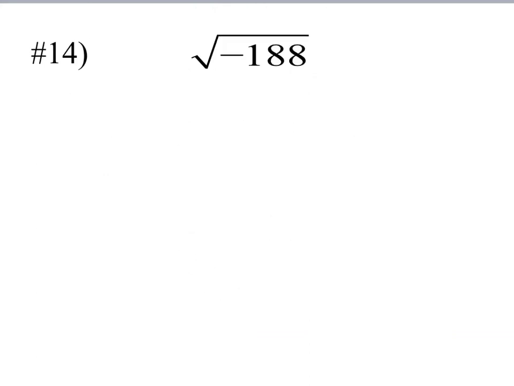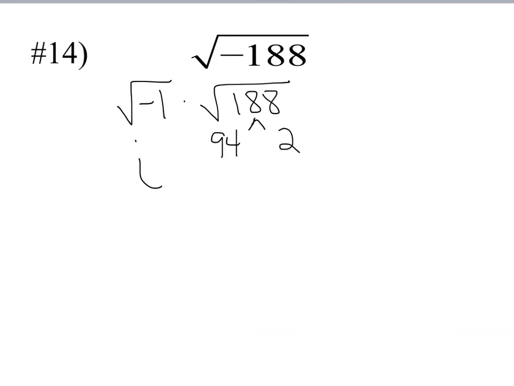Next we have square root of negative 188. Anytime that you have a negative under an even index, you know that you're going to break it up: the square root of negative 1 times the square root of 188. You know the square root of negative 1 is i, and then let's break down 188. 188 is 94 times 2. 94 is 47 and 2.